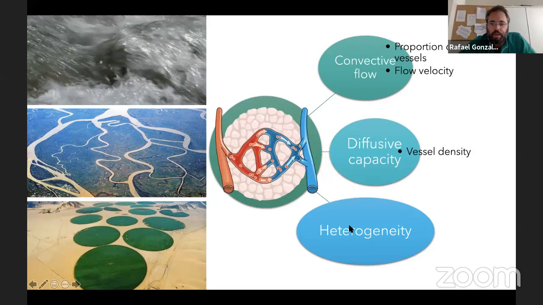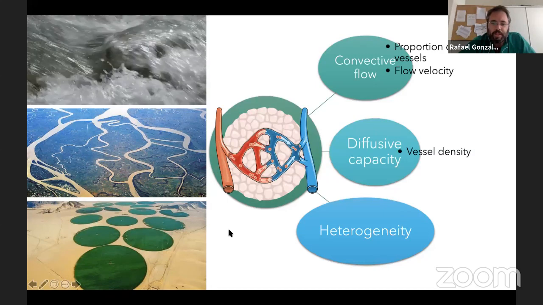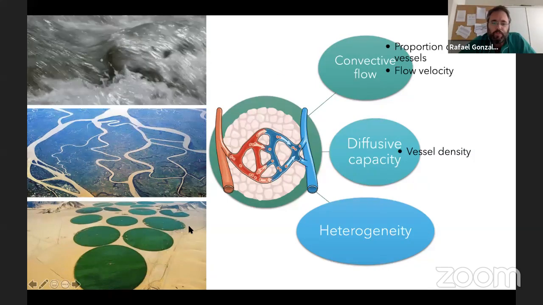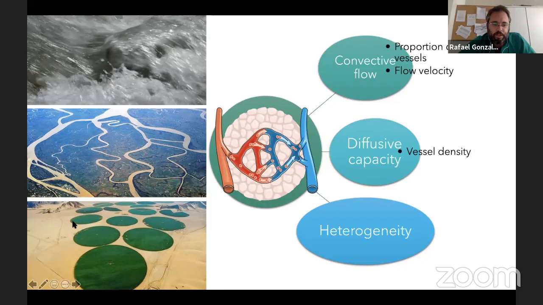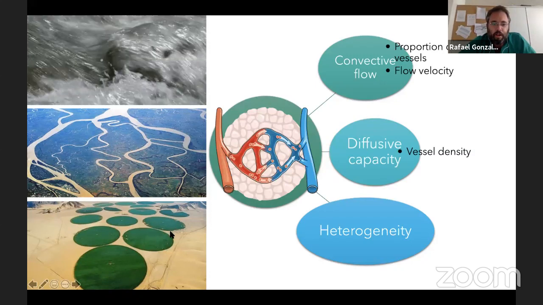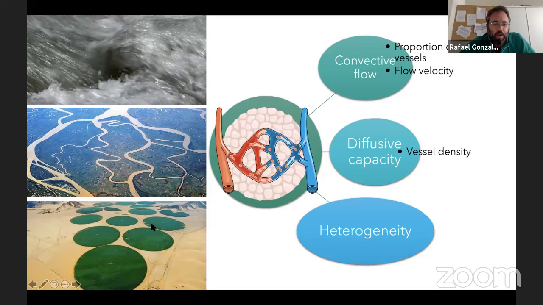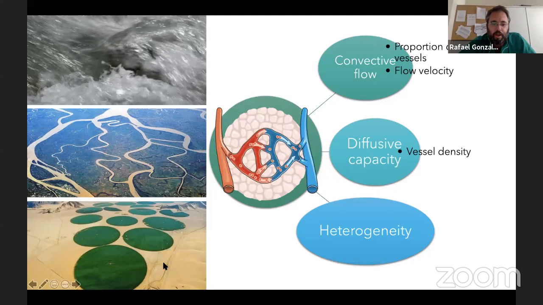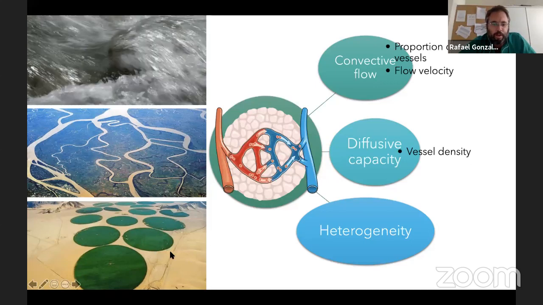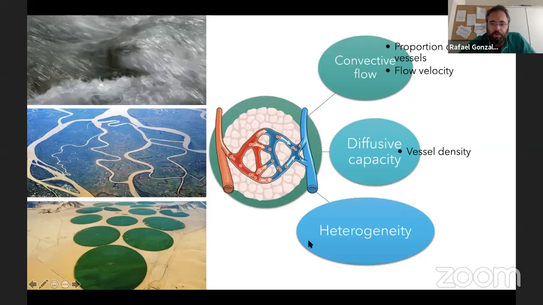And also the heterogeneity. We can have areas in an organ with very different perfusion, like we see in these crops. There are areas in which we get a good amount of water and they grow green, and there are some others where it's dry because they are not getting any water.